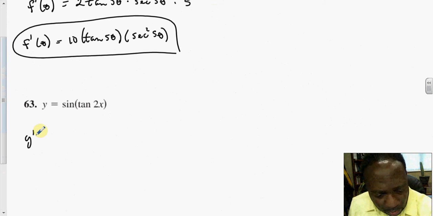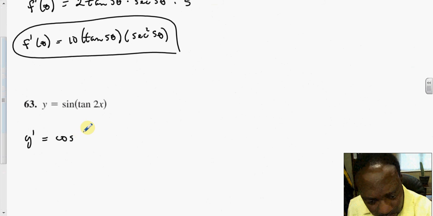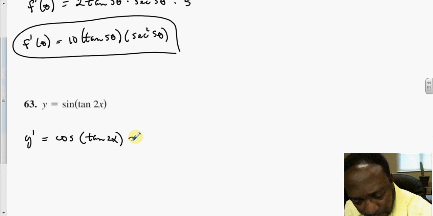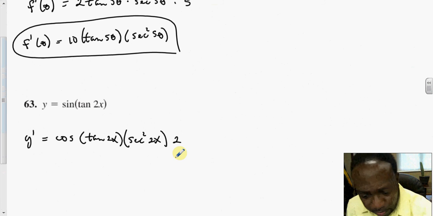What about this one? Y prime is the derivative of the outer function, the sine. So the derivative of sine is cosine of the tangent 2x. Now take the derivative of tangent 2x. That's secant squared 2x. Now take the derivative of 2x. That's 2.